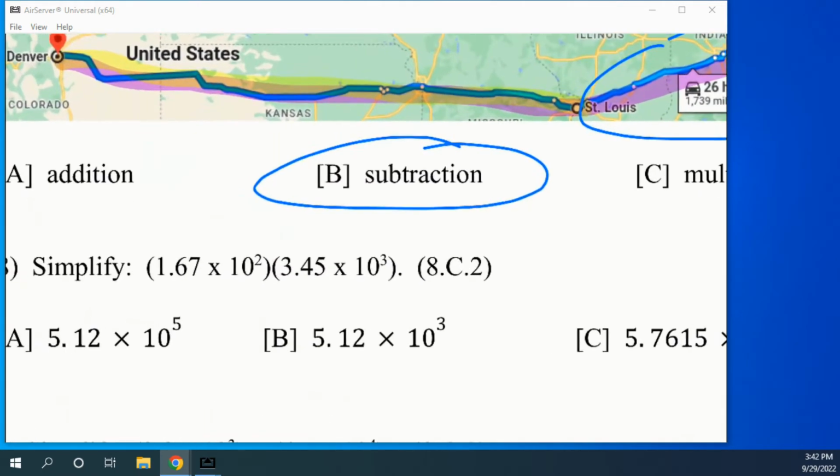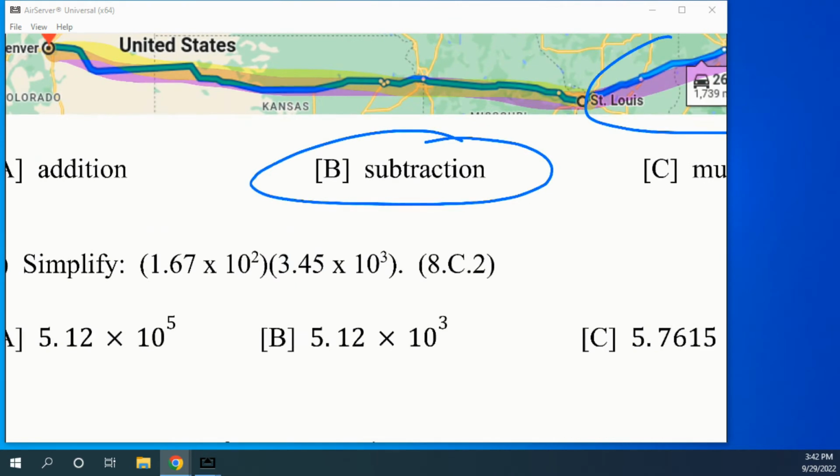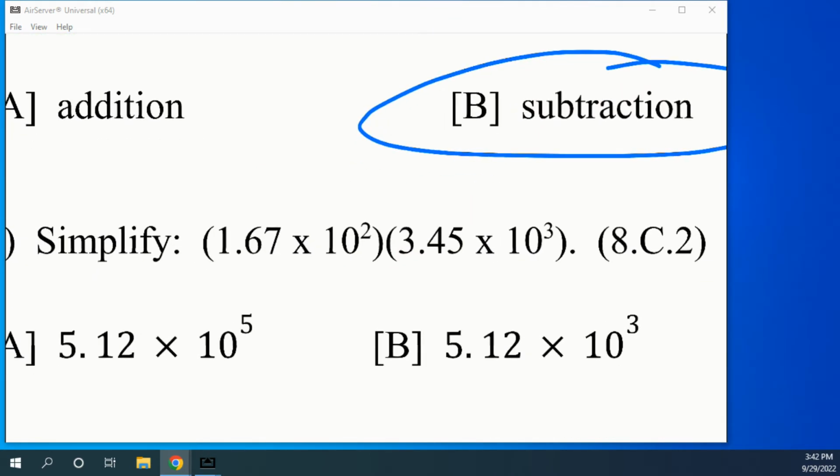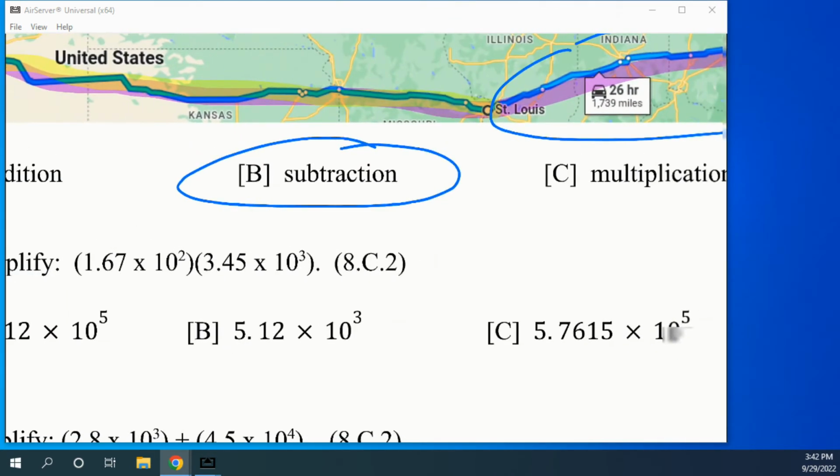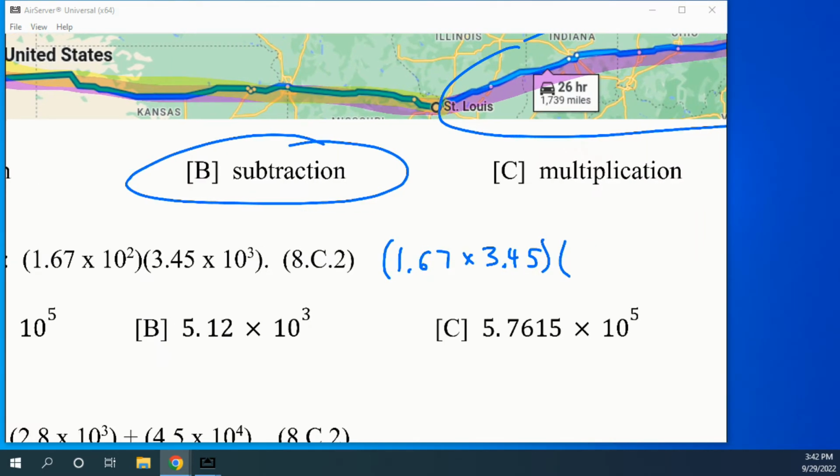Number 8, simplify. This is a multiplication problem. So what I'm going to do is rewrite this as 1.67 times 3.45. I had a lot of students today trying to get the same exponents. Remember that is only with addition and subtraction, not with multiplication and division.